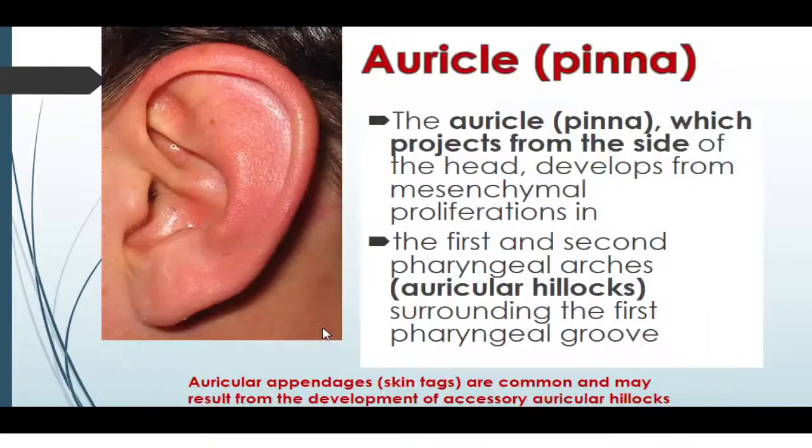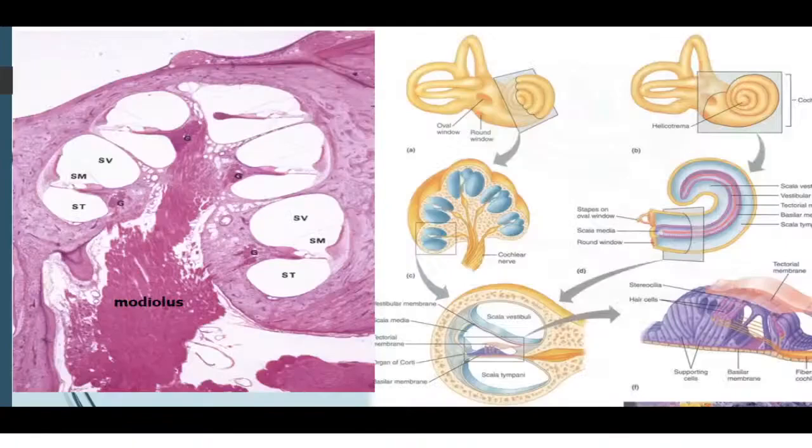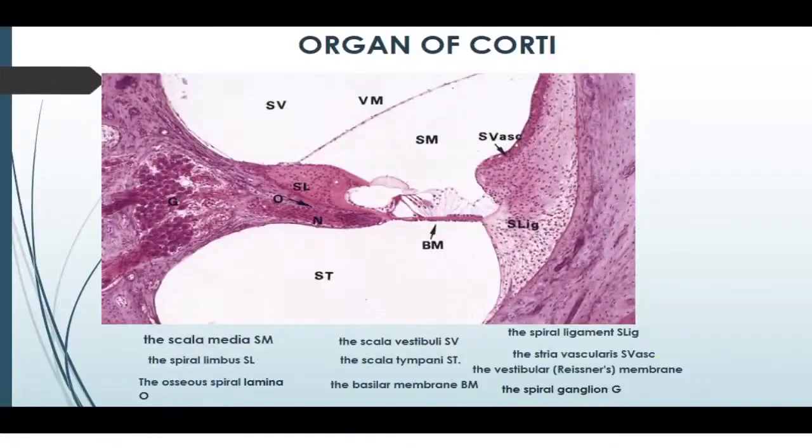Yes, we have also seen the auricle, the pinna, and another picture which we have seen, this will be the organ of Corti. In the organ of Corti: scala vestibuli, scala tympani, spiral ligaments, stria vascularis, the vestibular Reissner's membrane.